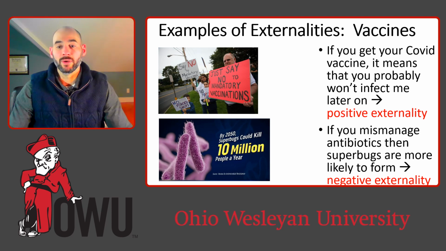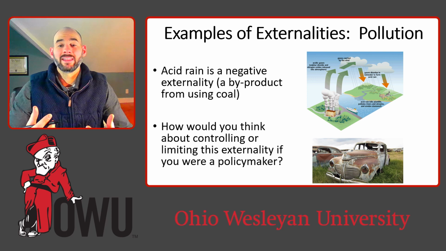And we can illustrate both of these using a supply and demand framework. So when we apply this concept to the environment, one of the clearest examples of a negative externality is that of acid rain. And so acid rain is a byproduct from using coal or other dirty forms of energy production.